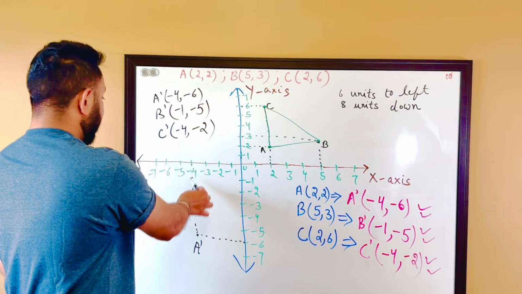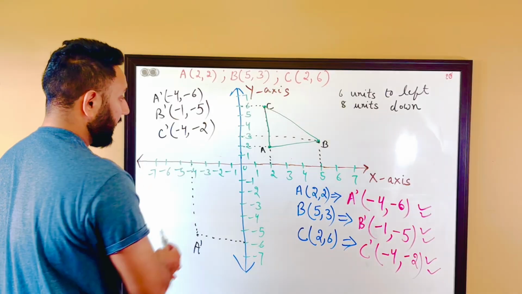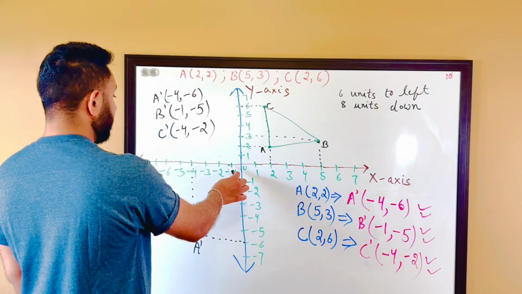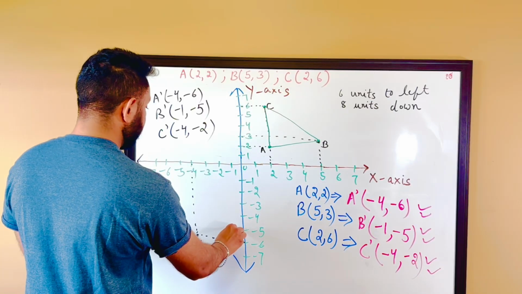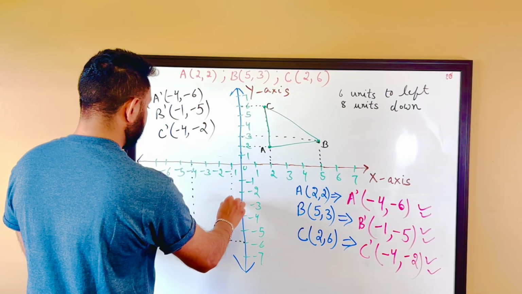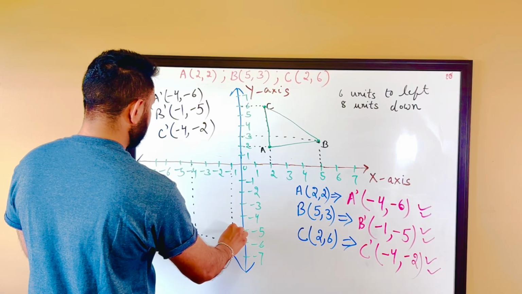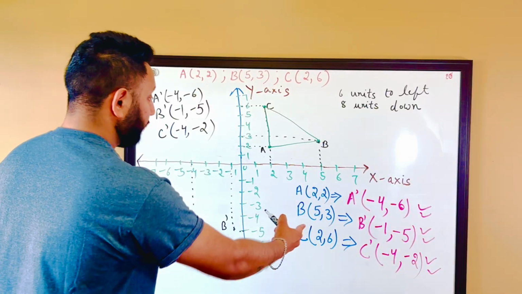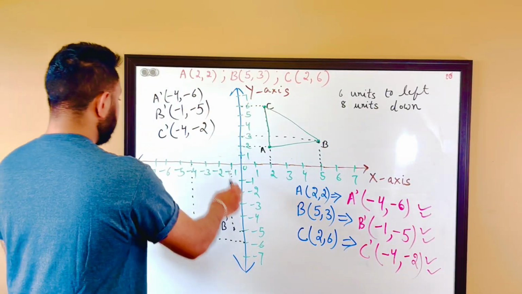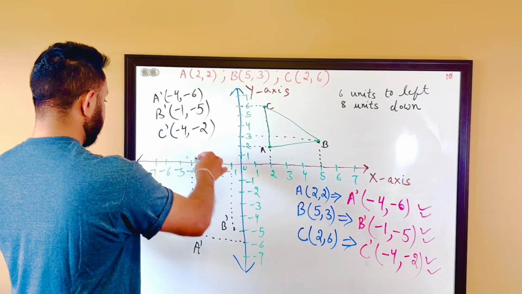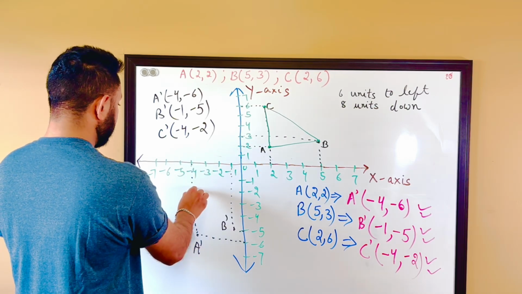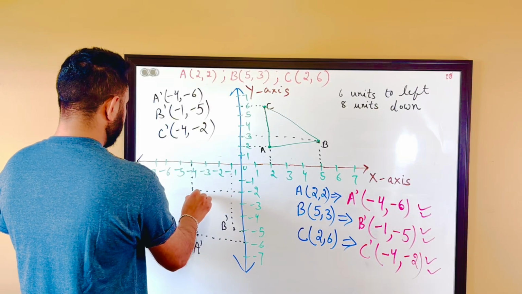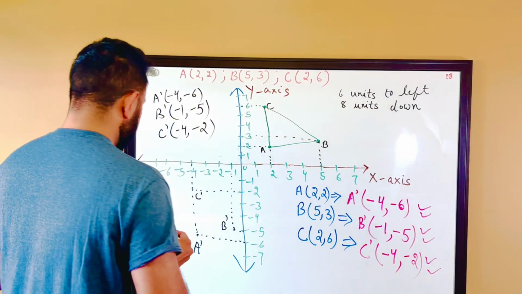And -1 and -5, so this is B dash. And -4 and -2, so this is our C dash.